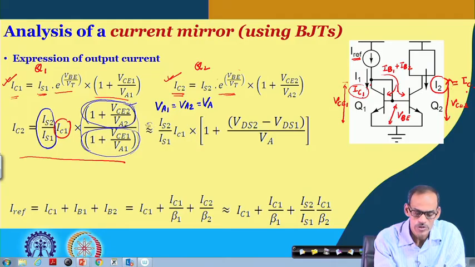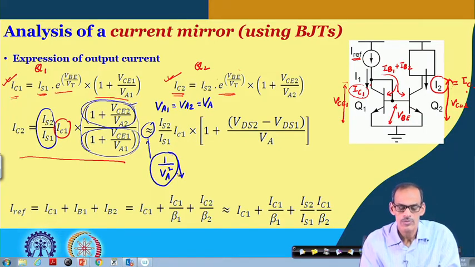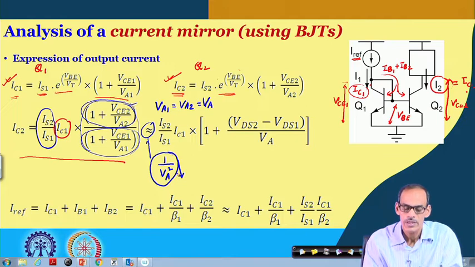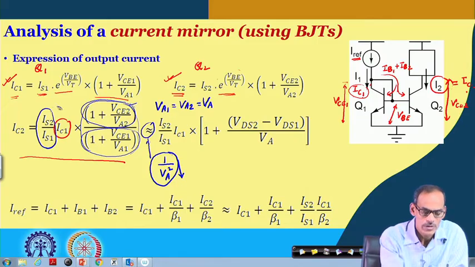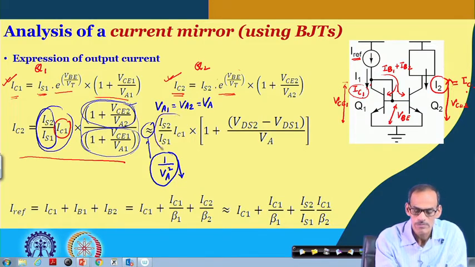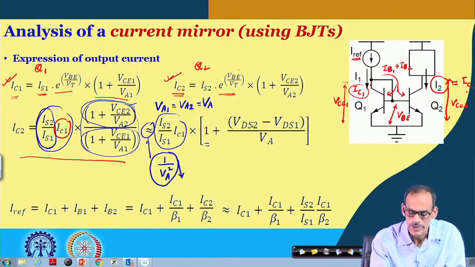Here also this approximation involves that the 1 plus VA square term we have dropped. So, if we ignore the second order terms of 1 by VA, then we get this approximation, which is the main factor multiplied by 1 plus, sorry, this should be VCE2 minus VCE1.